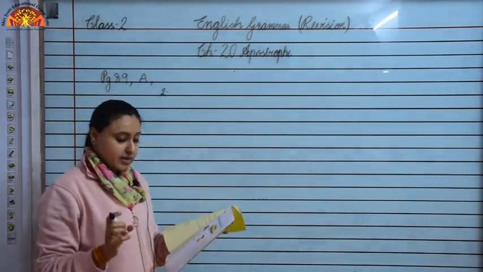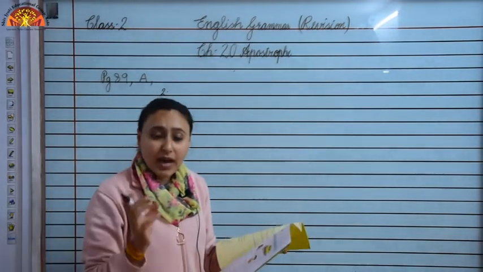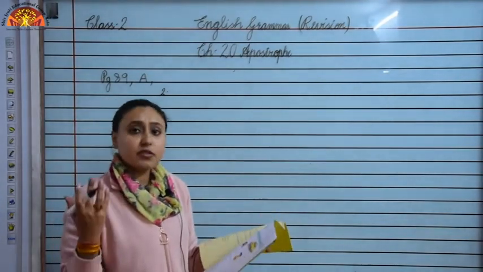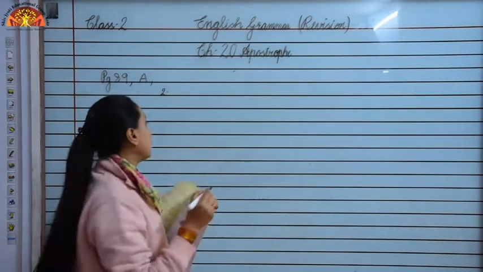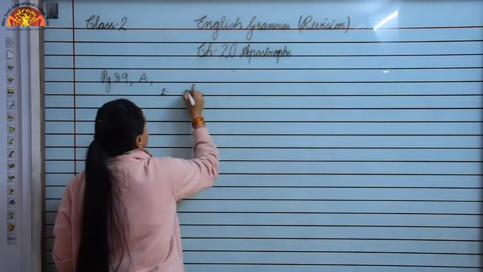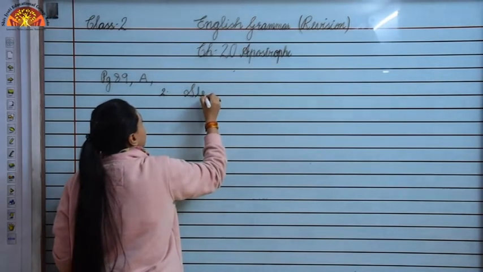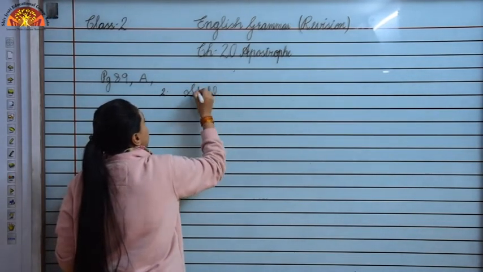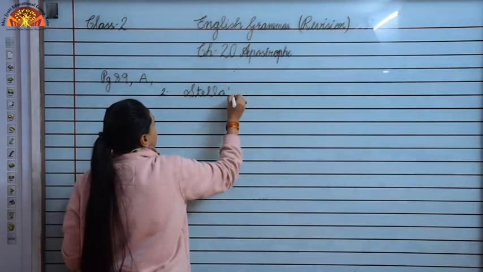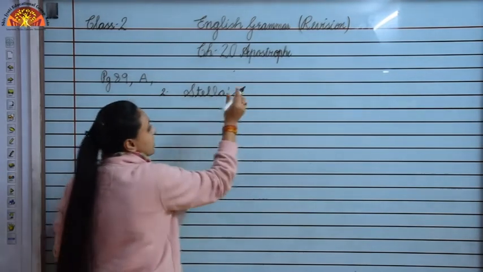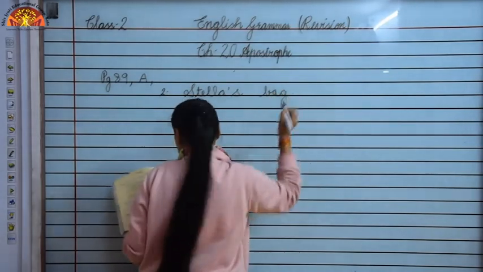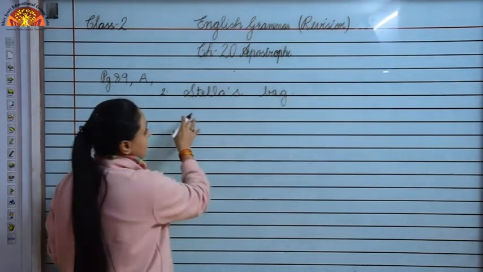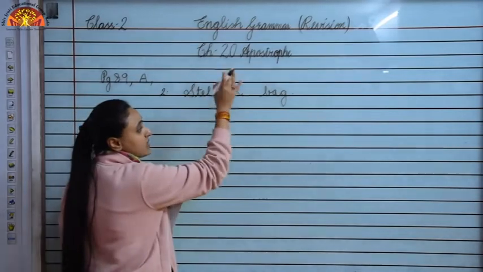So children, in this phrase we are talking about a bag that belongs to a person called Stella. We can write the name of a person with apostrophe s. So how will we write it? Stella apostrophe s, Stella's bag, B-A-G, bag. So the answer is Stella's bag.